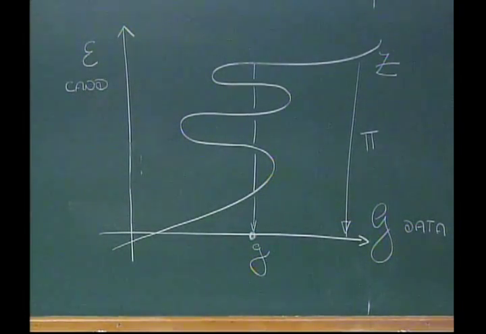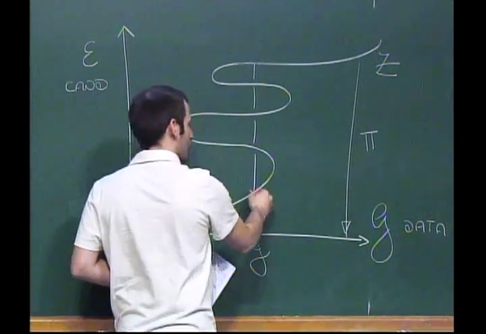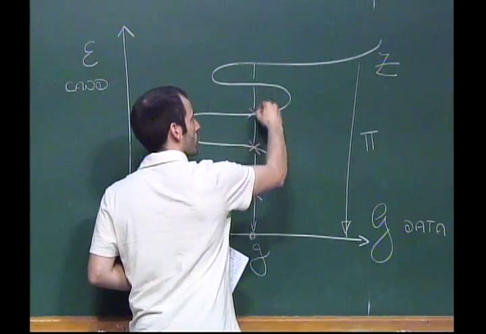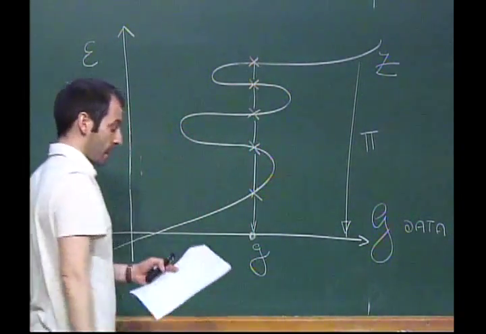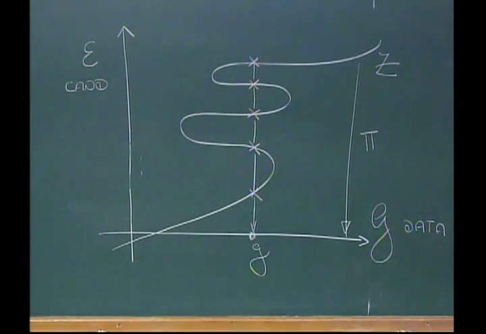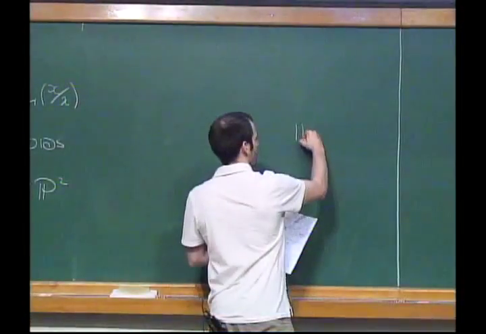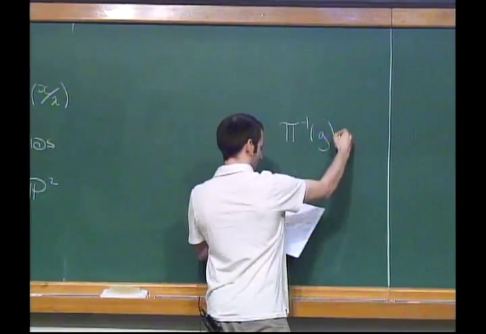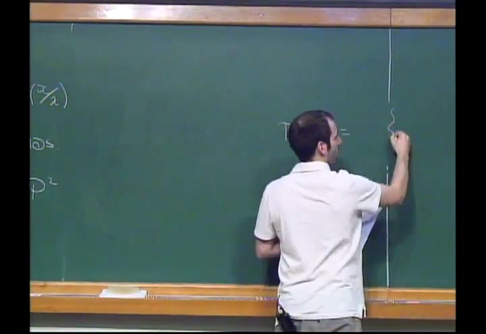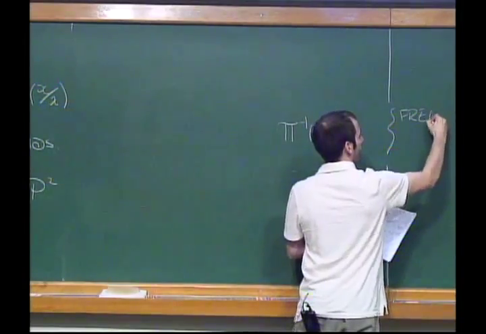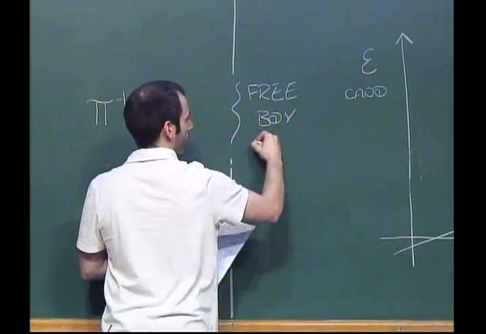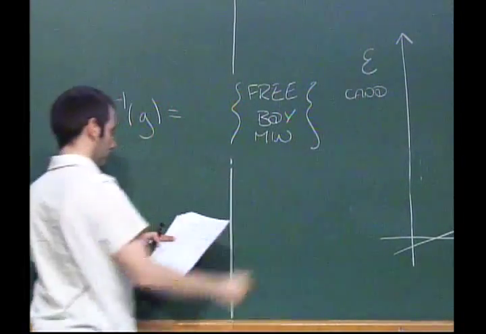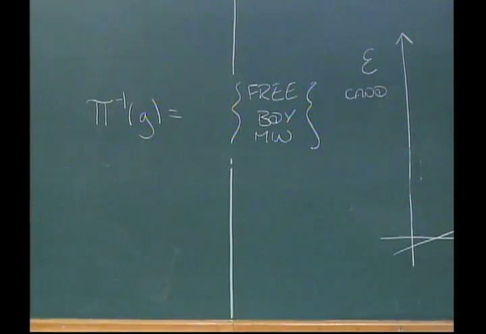Well, the set of points in the solution space, the set of points of Z, which lie above this data point, these correspond exactly to those embedded surfaces which are free boundary minimal with respect to this metric G. That is to say, pi minus 1 of G is simply equal to the set of free boundary minimal embeddings.